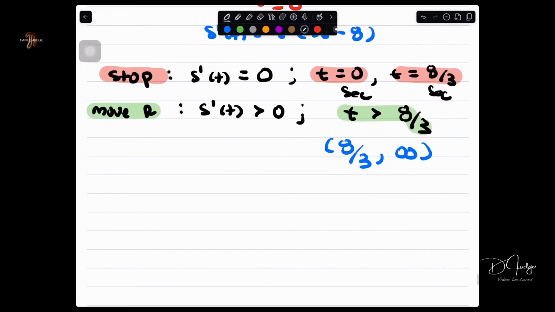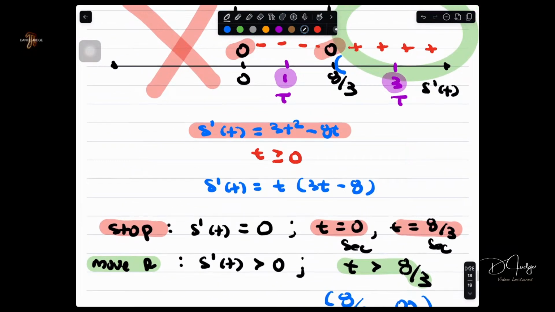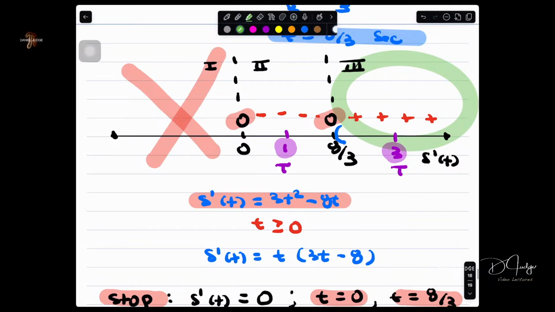We'll move to the left now, when velocity is negative. So this is why we did sign analysis again, because in region 2, your velocity is negative. Remember, this is s prime t. We check the signs of that.